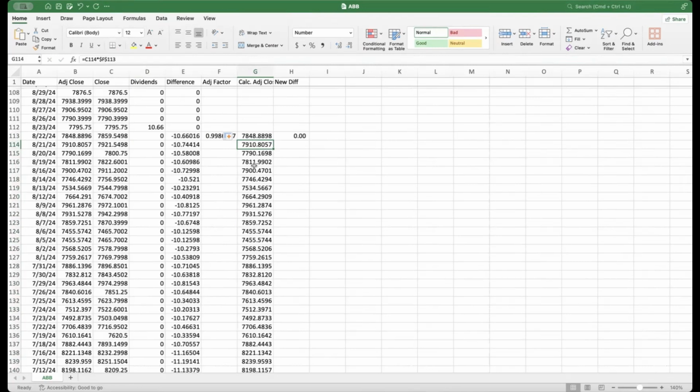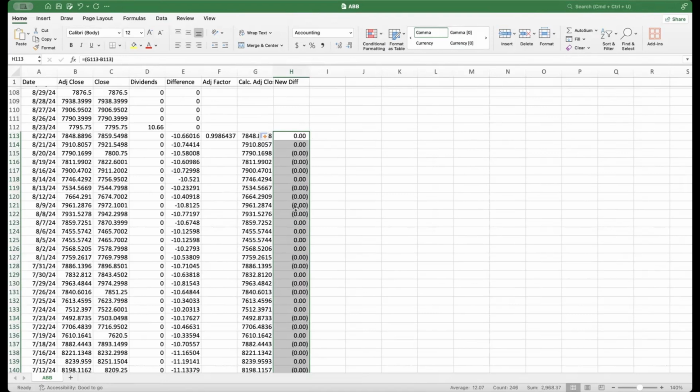When, let's say, a dividend is shared today, all the prices are retroactively or retrospectively modified to adjust to this dividend that is shared, right? So you have to keep in mind that the adjusted close prices can change historically. What is the adjusted close price today might be different tomorrow.